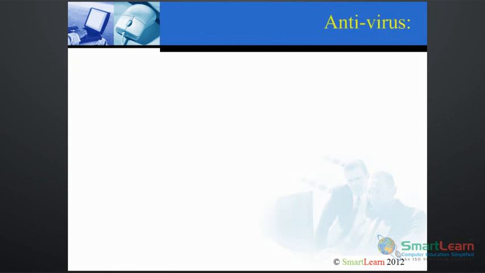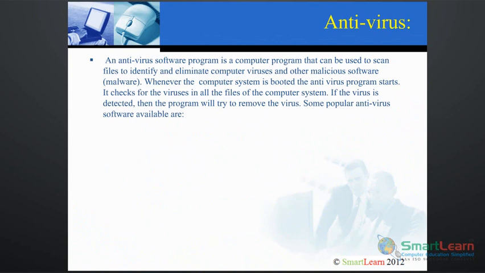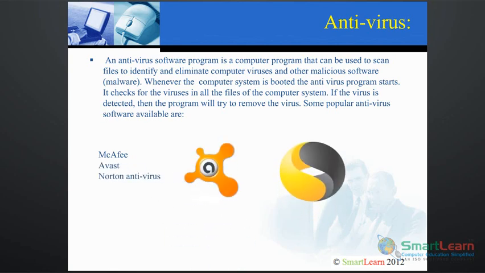Antivirus. An antivirus software program is a computer program that can be used to scan files to identify and eliminate computer viruses and other malicious software. Whenever the computer system is booted, the antivirus program starts. It checks for the viruses in all the files of the computer system.